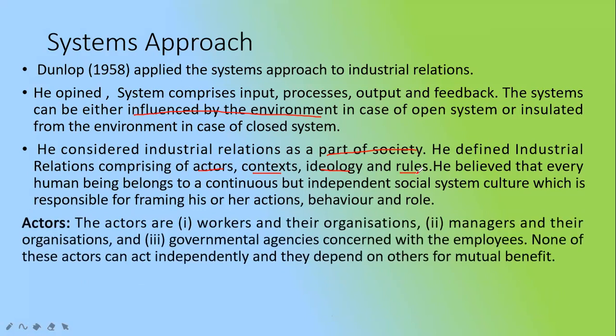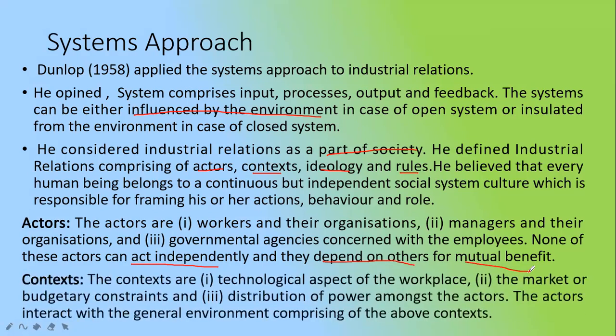Coming to the first element, actors. The actors in an industry are workers, managers, management, and we can say the government agencies. They can act independently, but they will depend upon one another for mutual benefit.